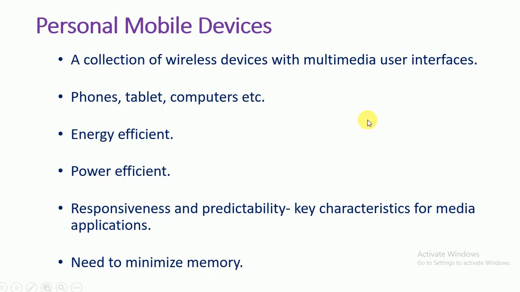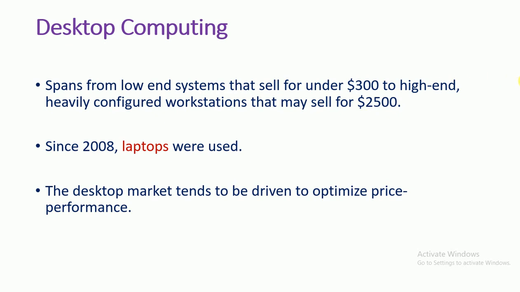Now the next category is the desktop computer, or desktop computing, which is a slightly larger computer system. It spans from low-end systems that sell for around $300 to high-end, heavily configured workstations costing around $2,500.